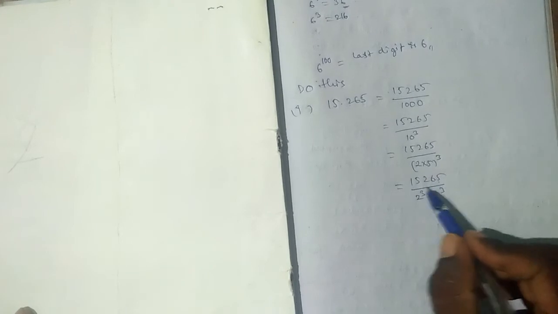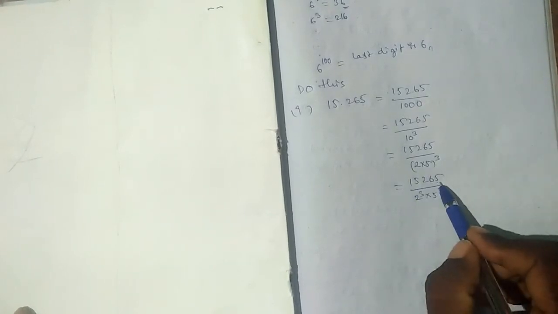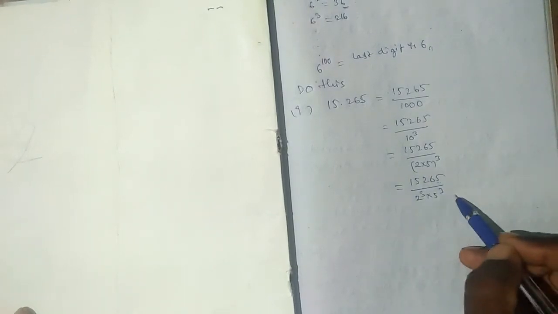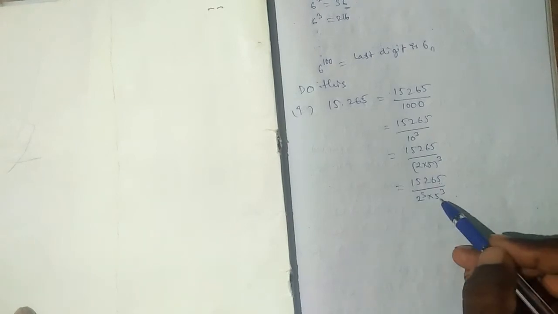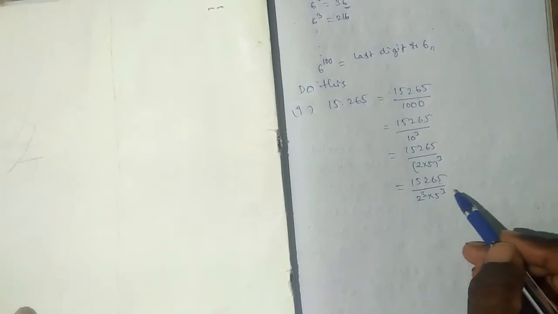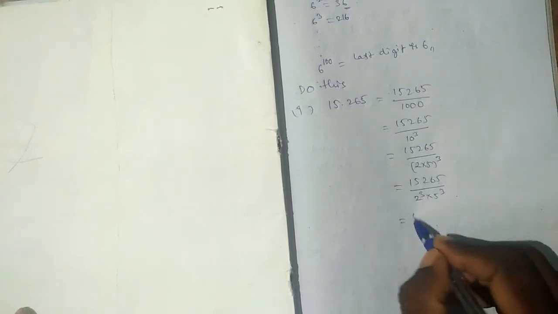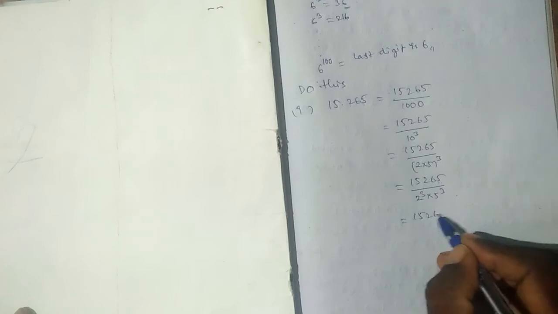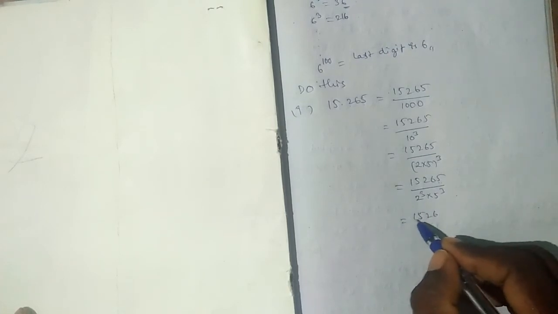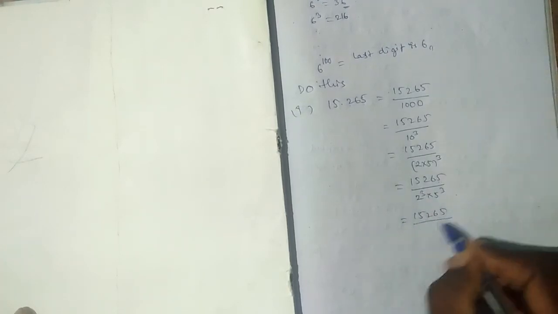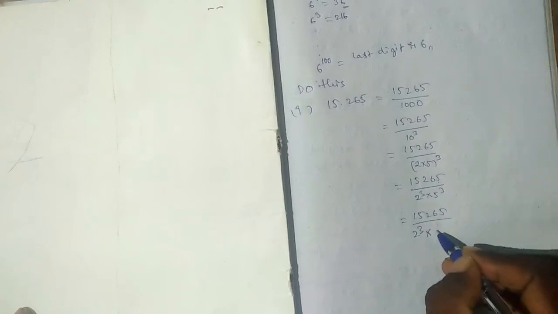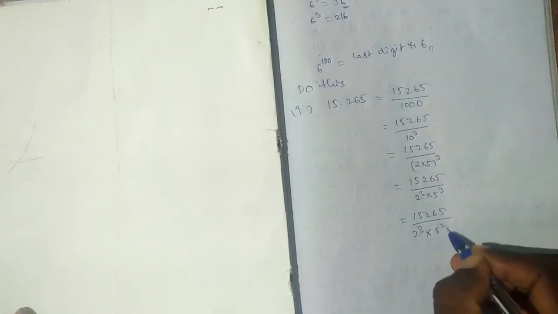The numerator ends with 5, and here we also have 5, so we can cancel it if we divide by 5. So I will write it like this: 15265 by 2 cube into 5 square into 5.